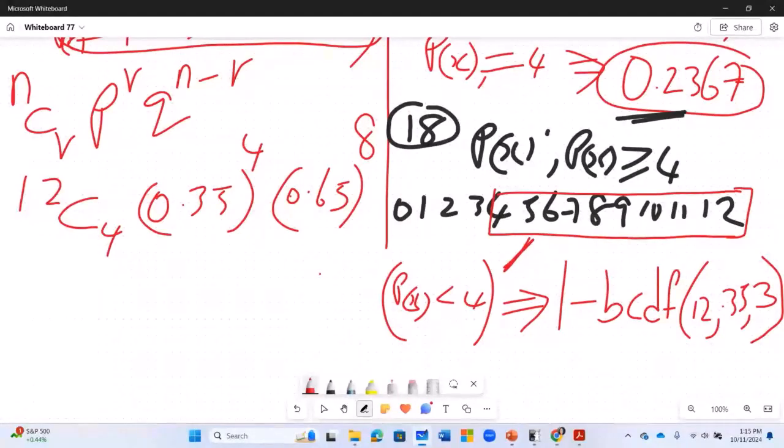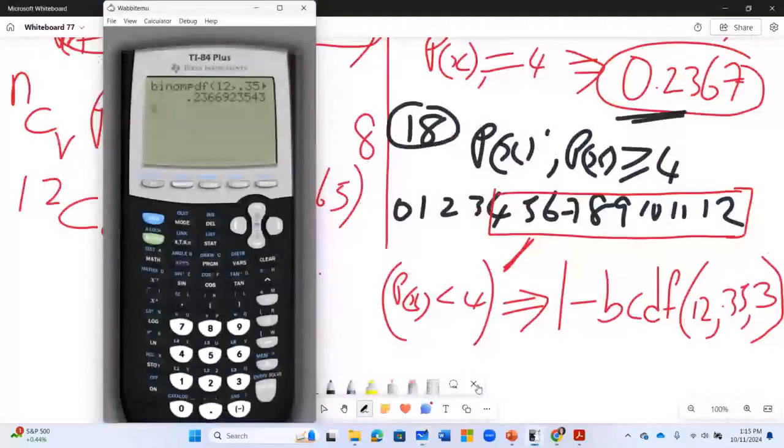Let me get my calculator. I'll tell my calculator that I'm looking for the probability 1 minus binomial cumulative density function, CDF. So I go to second distribution, and I'm looking for binomial CDF. How many trials? 12.